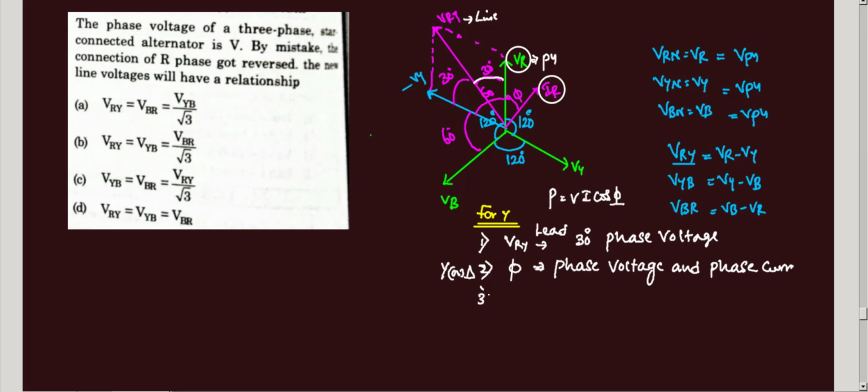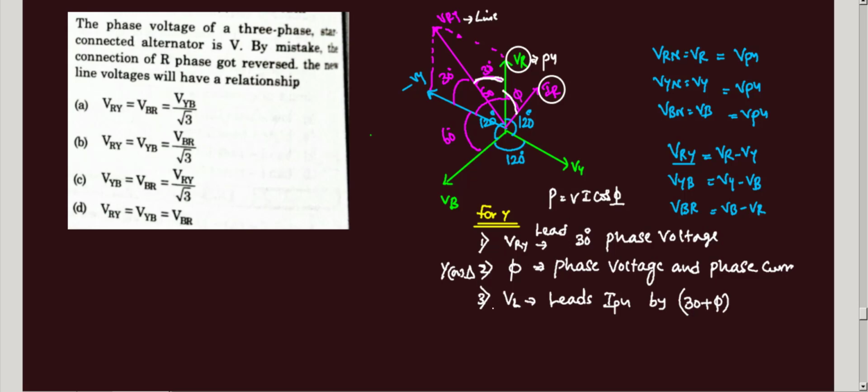Next question: the line voltage leads the phase current by 30 plus phi degrees. This is phi, so 30 plus phi.